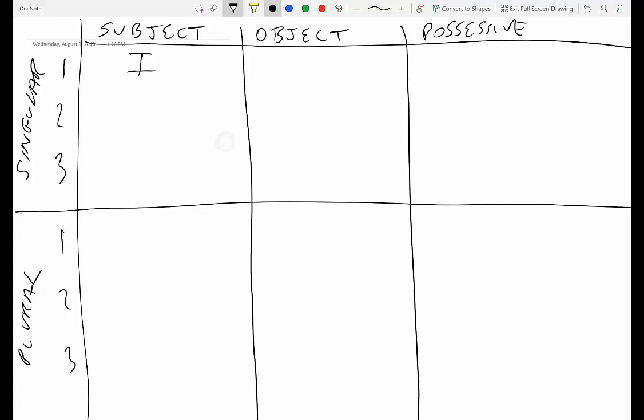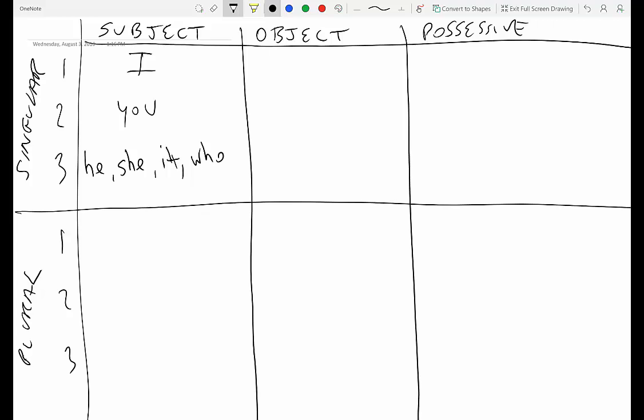Second person is you. And again, this is all from your perspective. Point at yourself first, that's I. You point at the person who's with you, that's you. Second person singular.